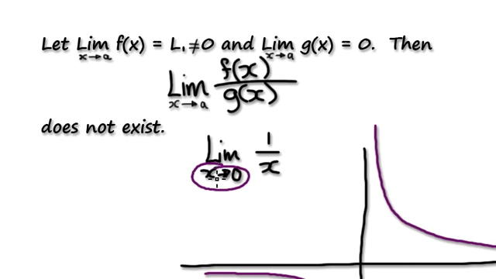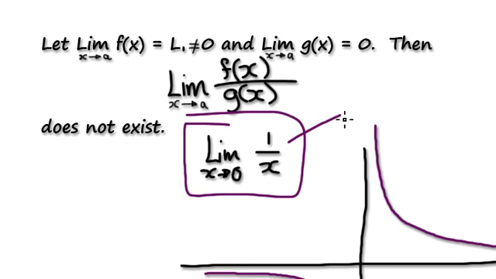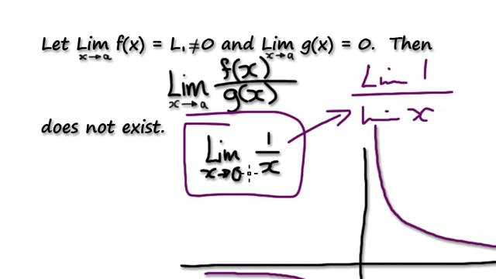As x approaches 0, this is like saying the limit of 1 and the limit of x. As x tends to 0, the limit of the top is 1, and the limit of the bottom is 0.